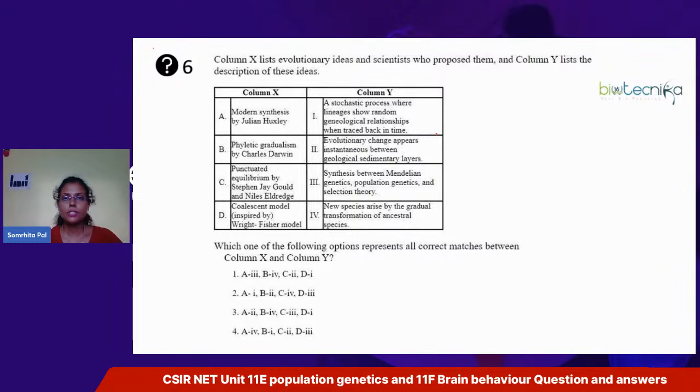So qualifying JRF is one hurdle, and getting into the lab is another hurdle. If you have some extra knowledge, some extra inputs, that helps you to overcome this race and stand out of the crowd.